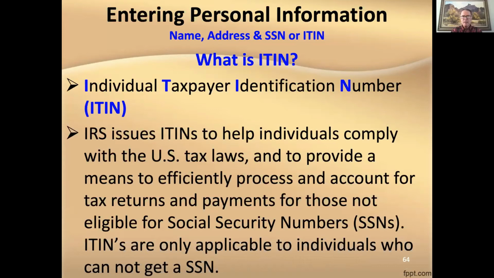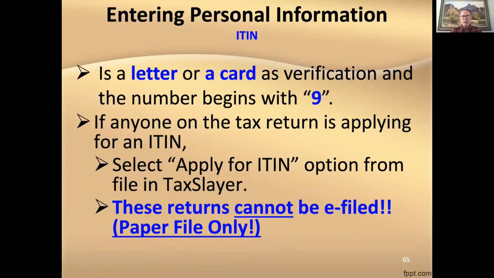An ITIN is only applicable to individuals who cannot get a Social Security number. An ITIN is a letter or a card and has verification, and the number begins with 9. So any Social Security number that you see that begins with a 9, it's not Social Security, it's an ITIN.